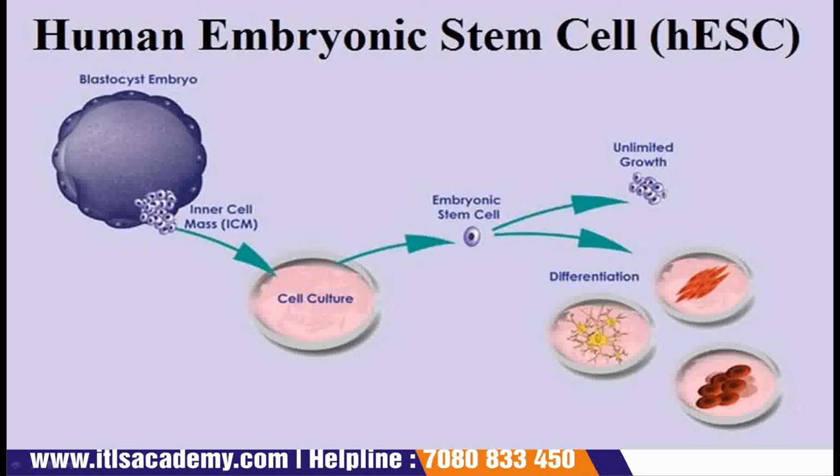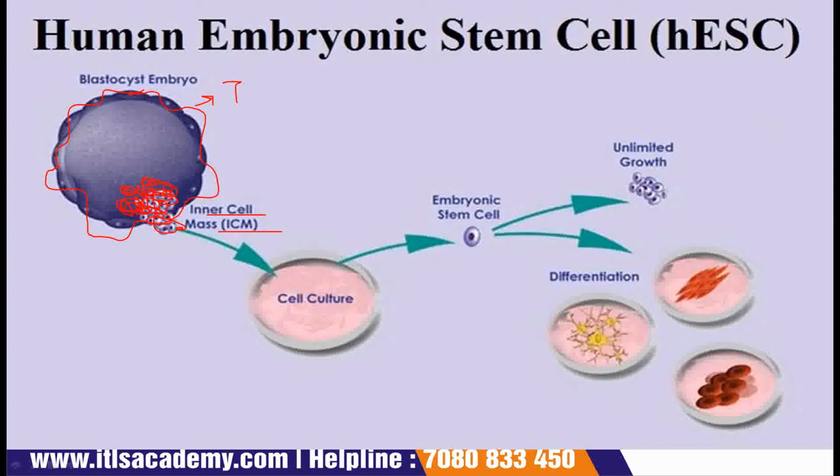This blastocyst embryo has two parts. You can see this is the outer layer. This outer layer is known as trophoblast, while there is also a mass of cells. There are various cells gathered at a place. This is known as inner cell mass, or in short we call it ICM.